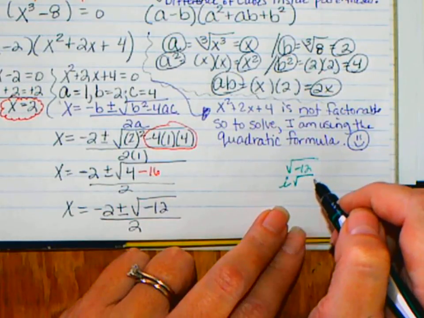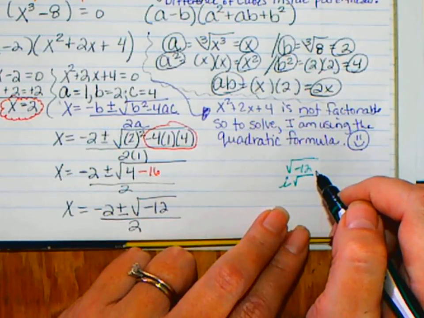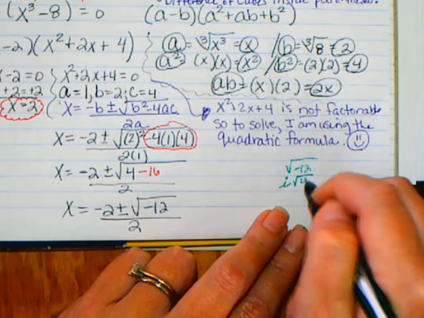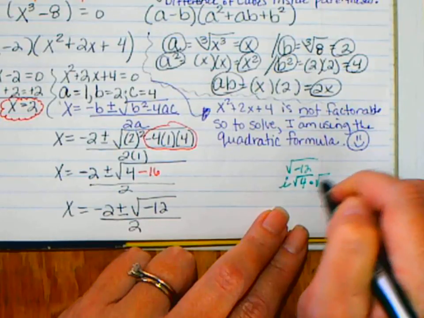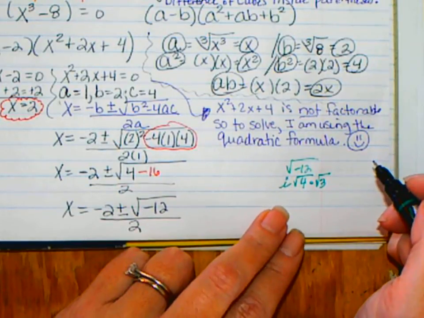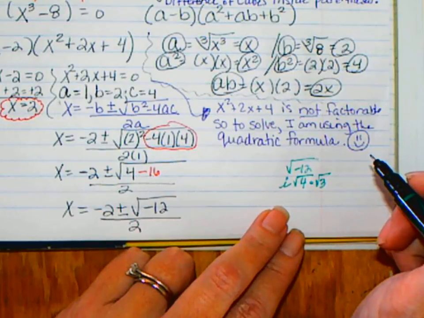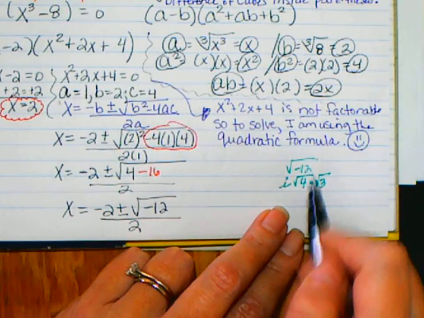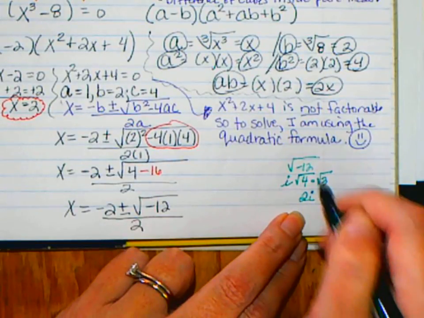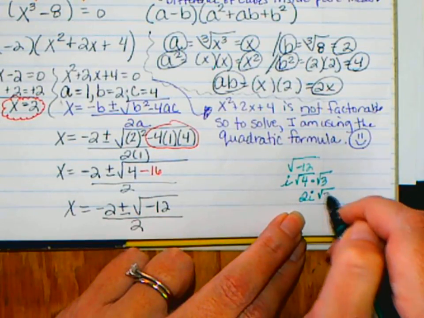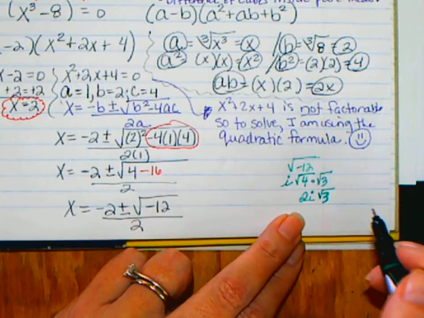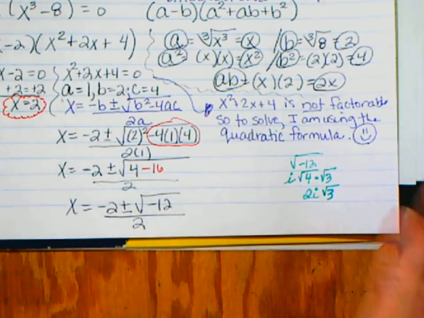Yeah, like 4. So if we use the square root of 4, that'd be square root of 4 times square root of 3, right? Because that makes 12. What is the square root of 4? 2. 2 times i is 2i. And then the square root of 3, it doesn't have a perfect square factor besides 1, and that doesn't help us out. So it will stay under the radical.